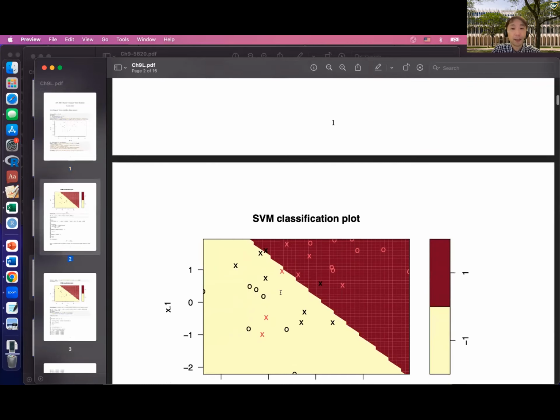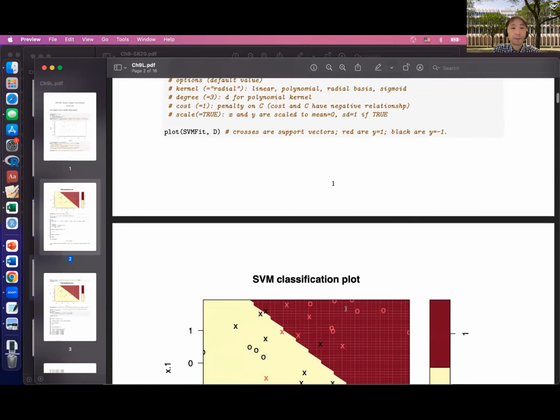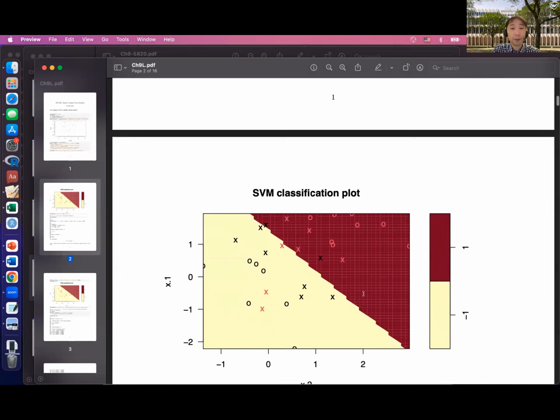Then we plot. This is the plot of the support vector machine. These points are the same as in the previous scatter plot, and the color represents the same thing. Red points are y equal to 1, and the black points are y equal to -1.